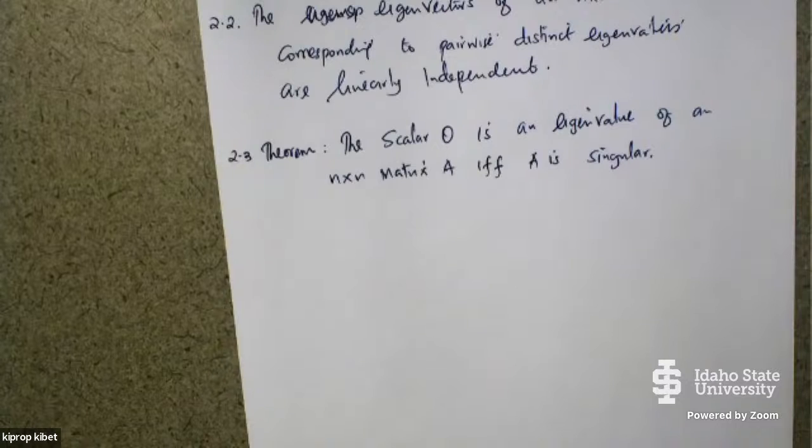So if the matrix A has a determinant of 0, then the scalar 0 is an eigenvalue. You don't have to determine the eigenvalue if the matrix is singular. The eigenvalue is always 0, so what you need to get is only the eigenvectors.